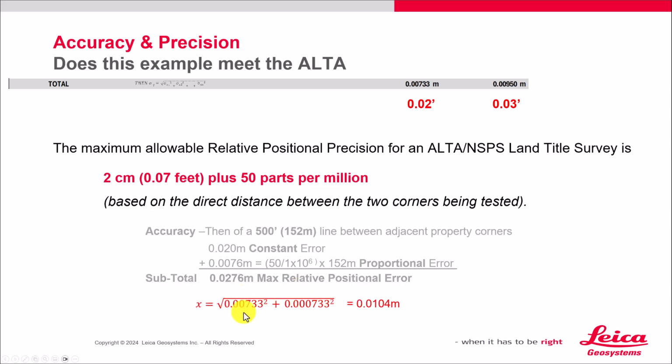Now we have to do our linear proportioning of error. So we take that number squared plus that same number squared, take the square root: 0.0104 meters. Now, we have 0.0104 meters, which is less than the 0.0276 meters. So we do meet the standard.